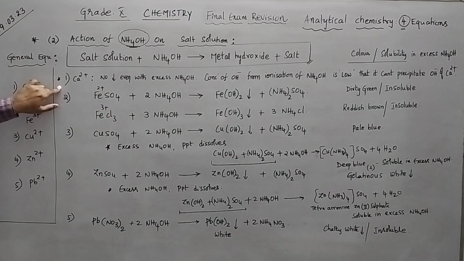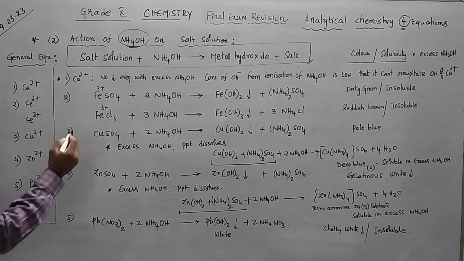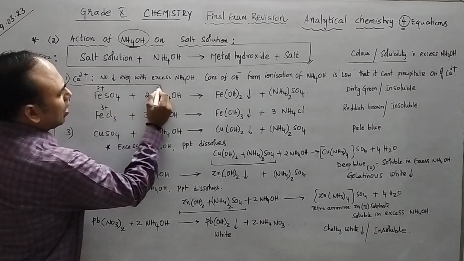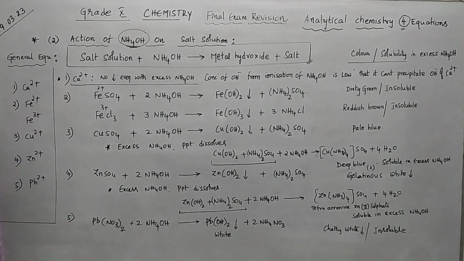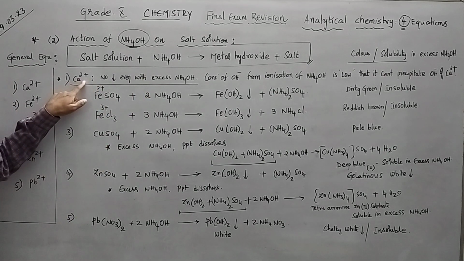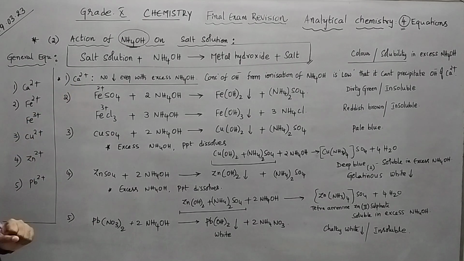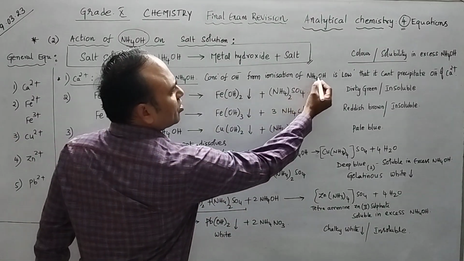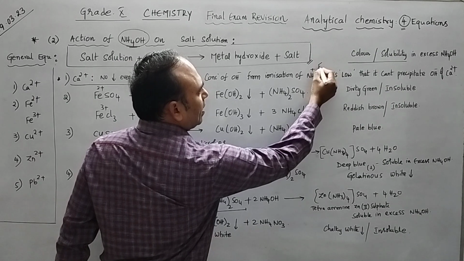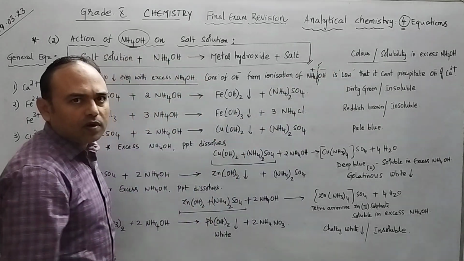Now the first one is calcium, a very important one. Here, even though you are taking excess of ammonium hydroxide, calcium does not have any reaction. What is the reason? The reason is very simple. If you take the ionization of this into NH4 plus and OH minus, what will happen?